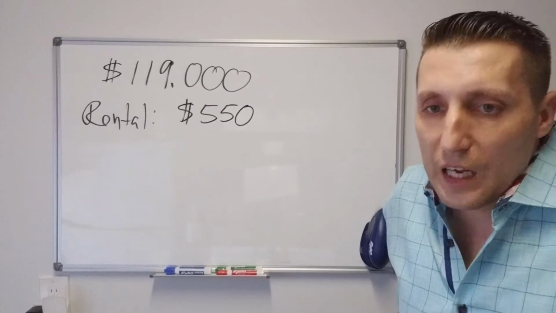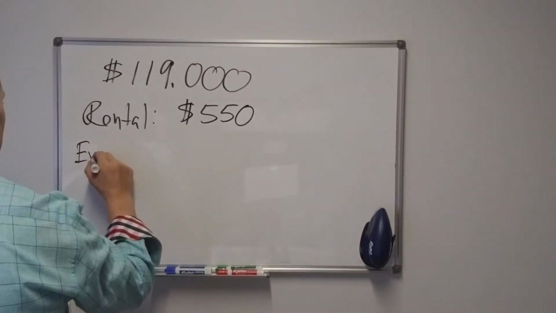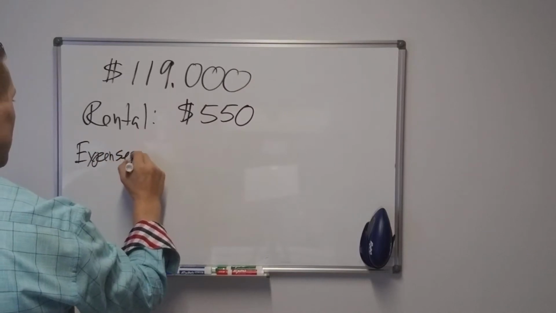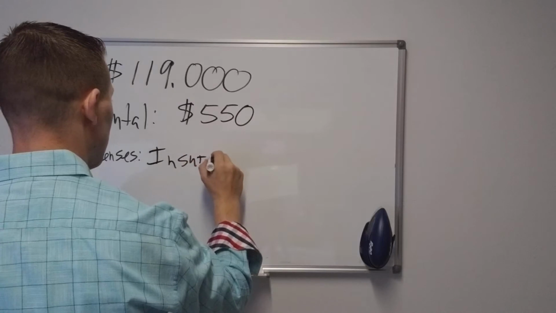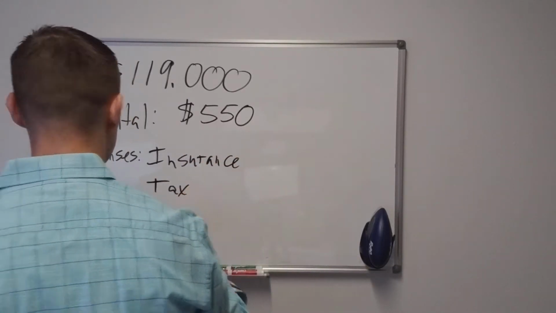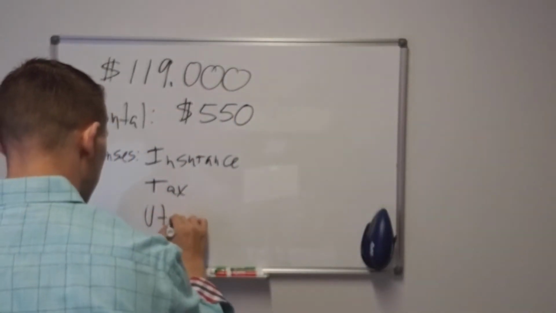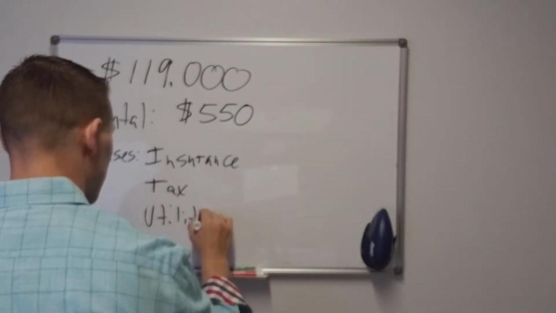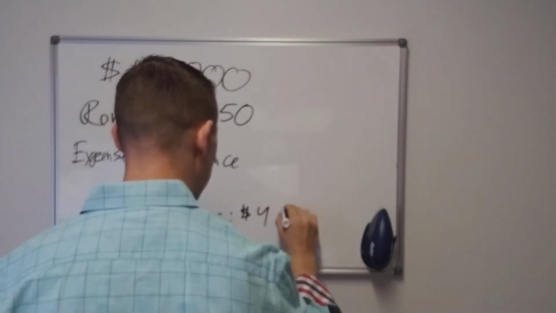You have expenses. You have your insurance, taxes, and utilities. Utilities is $480.